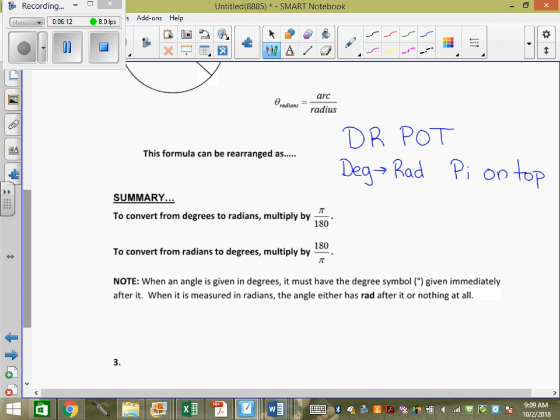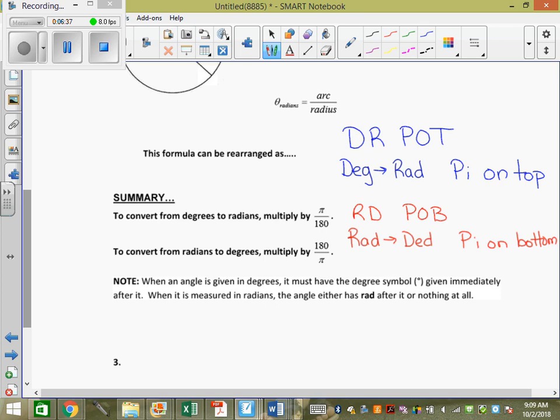And then RD Pob, some people like, or they just go, hey, it's the opposite. Up to you. RD Pob is radians to degrees. Pi on bottom. I criticized the other one, but now they seem to remember it, so I guess it works.